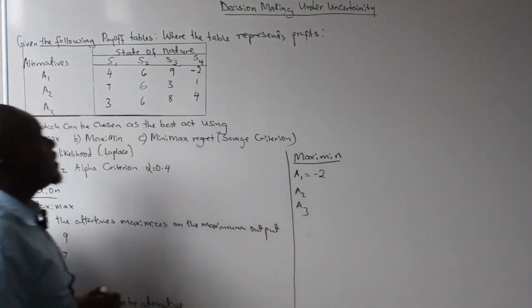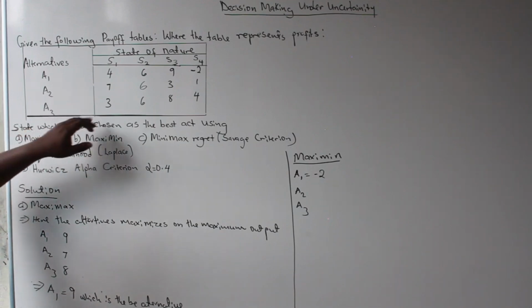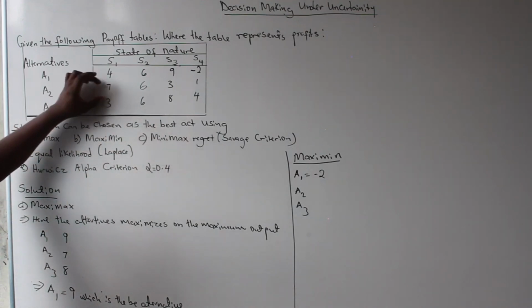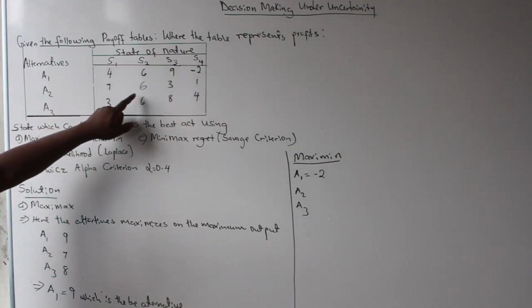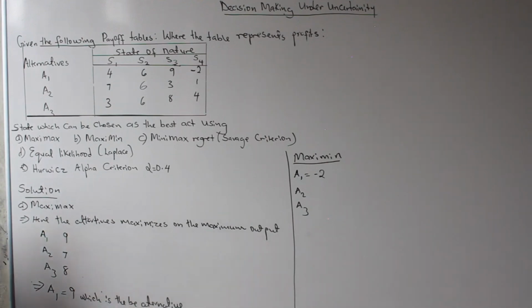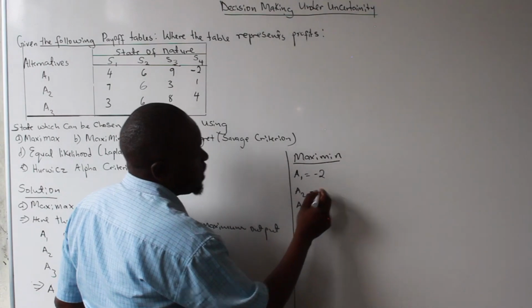Then you go to alternative A2. We look at the row: you have 7, 6, 3, and 1. The minimum there, which is the least, is 1.